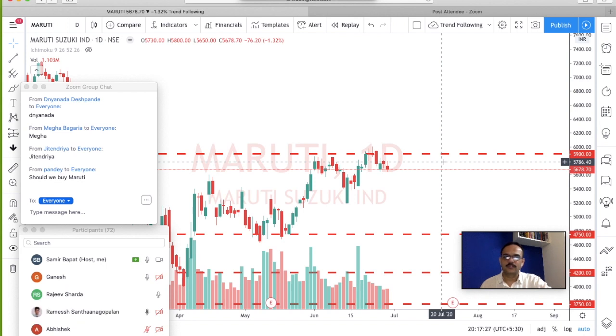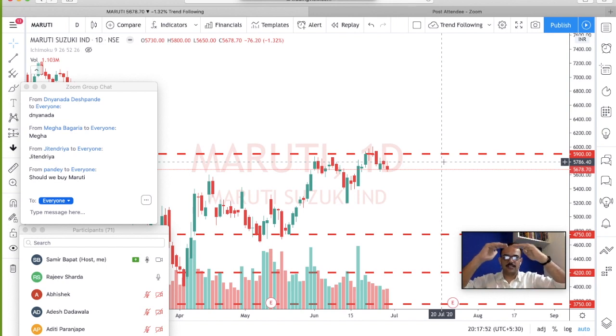Is there any thumb rule for how many years back we have to go to draw the support and resistance lines, 5 years, 6 years? No, there is no thumb rule like that. 5 years is a good timeline. You can start with the recent and go back, or start from the back and come here. Start from the latest one and move backwards.